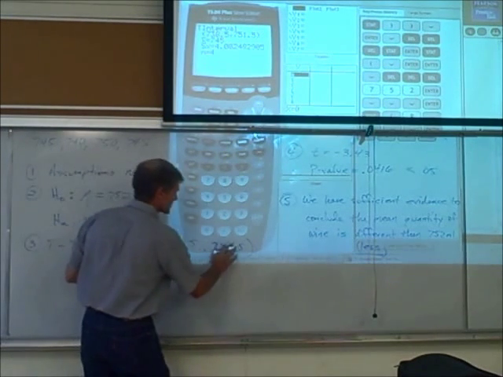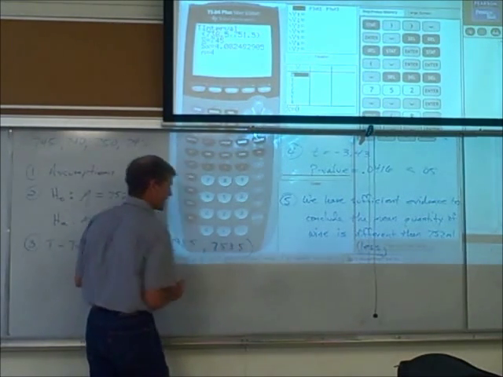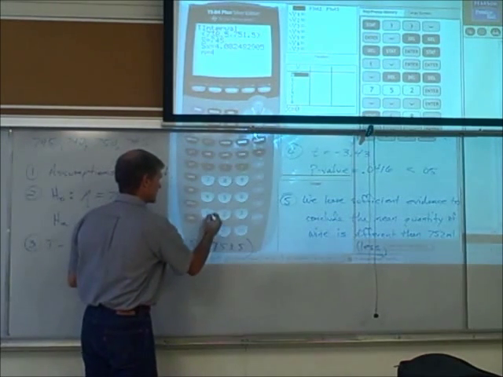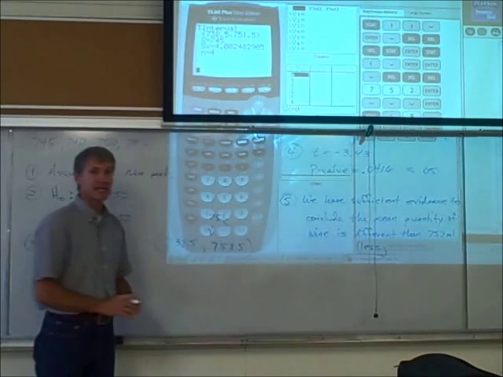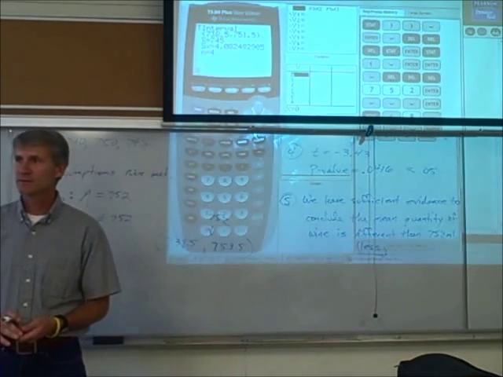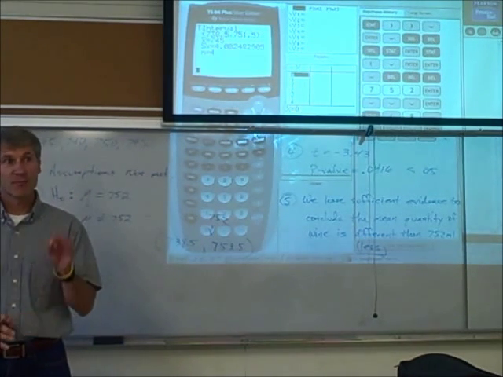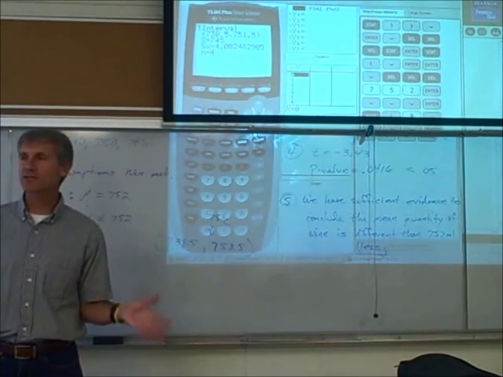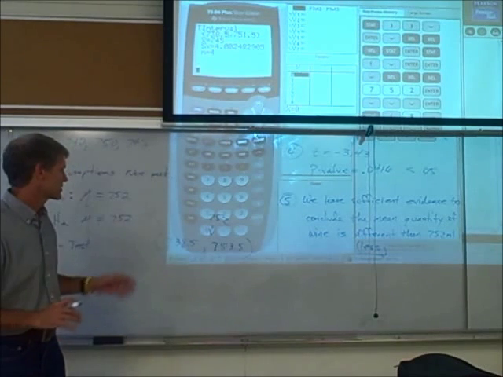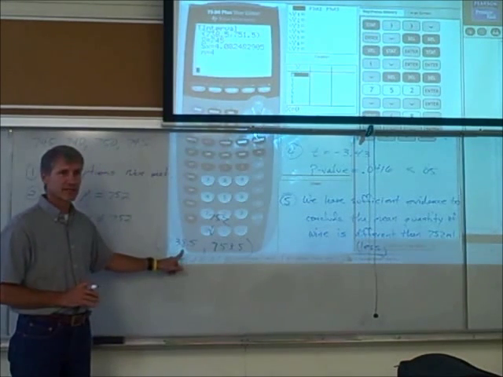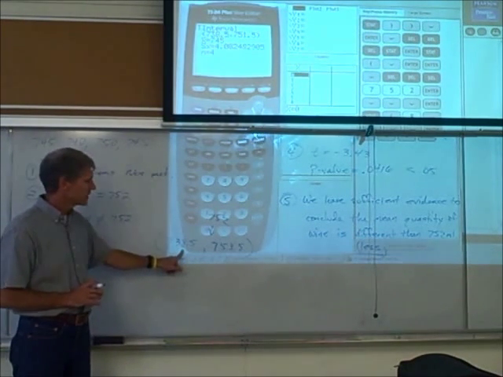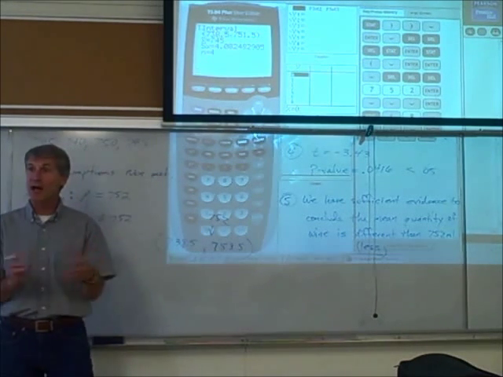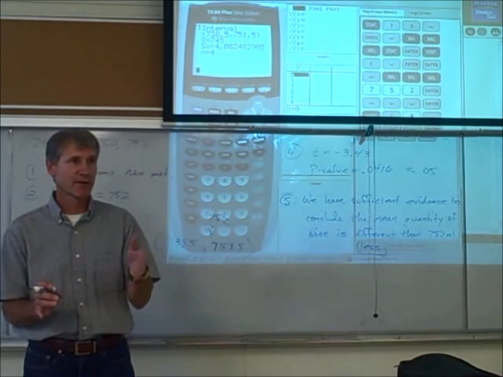Suppose this interval was 753.5 for an upper bound, so that 752 was in there. Does that allow me to say the mean is 752? No. It says it might be 752. 752 is plausible. But so is 740. So is 741. So is 753. There's lots of numbers that are plausible. 752 is just one of them.